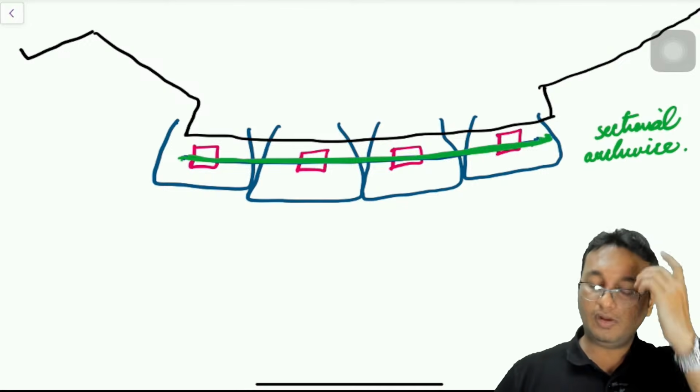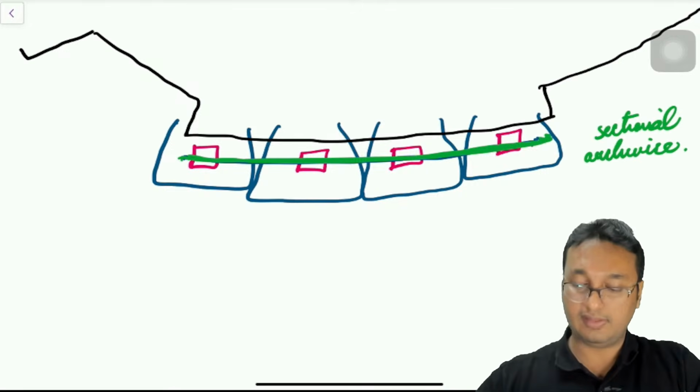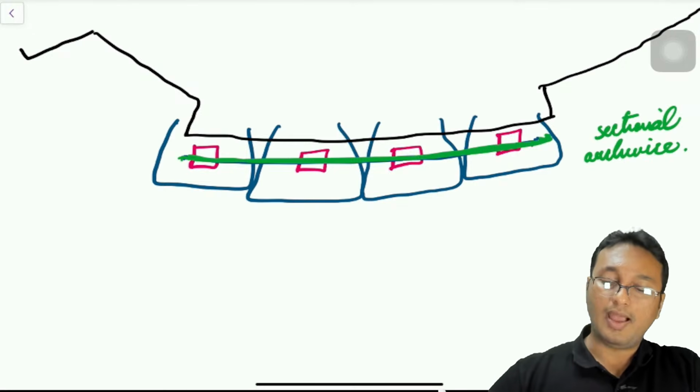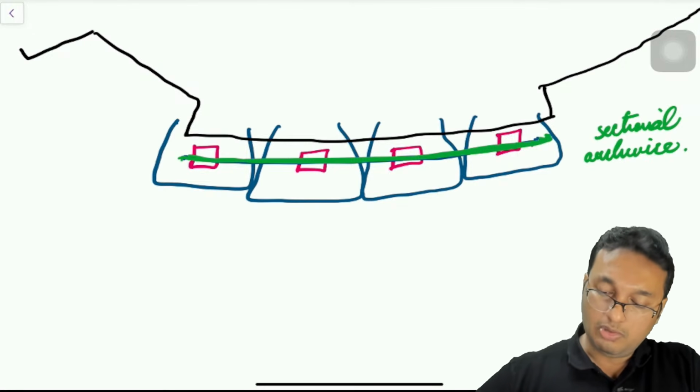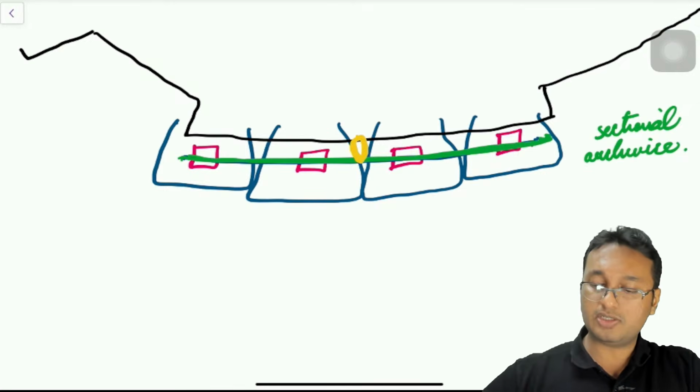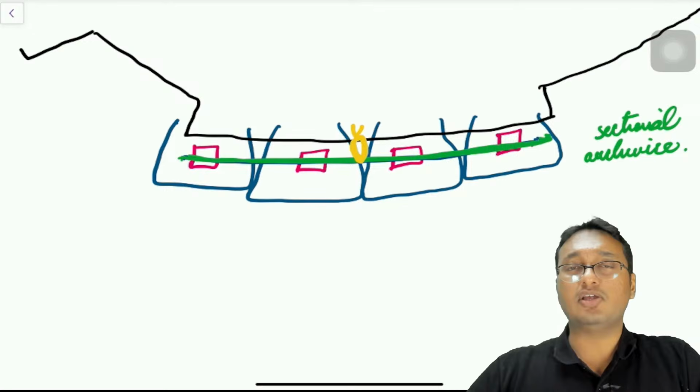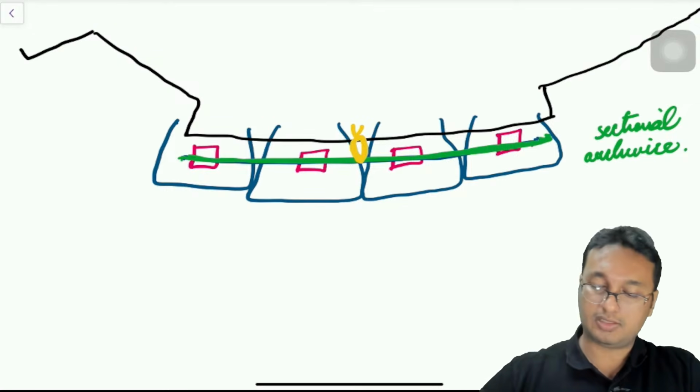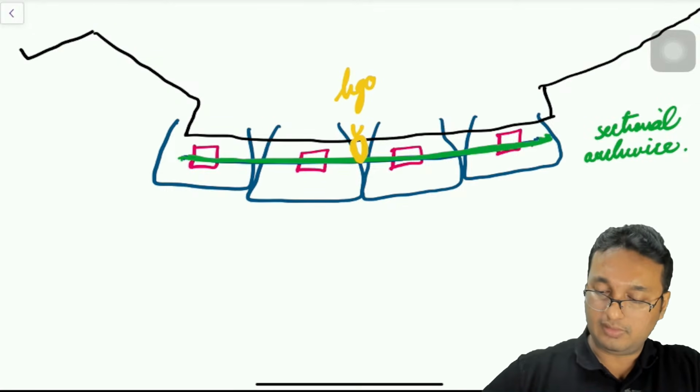It is inserted from the lateral incisor to lateral incisor, and you are going to ligate the intrusion arch to the sectional arch wire using a single point contact. This yellow color is the ligature tie.